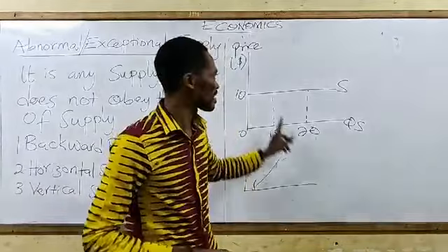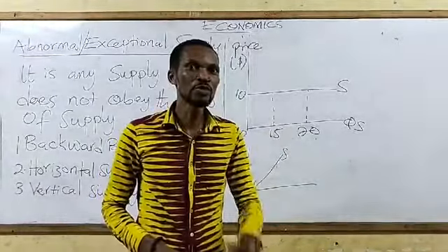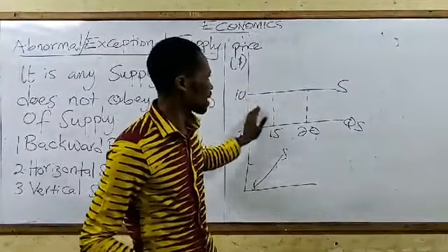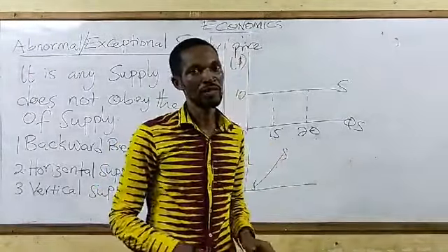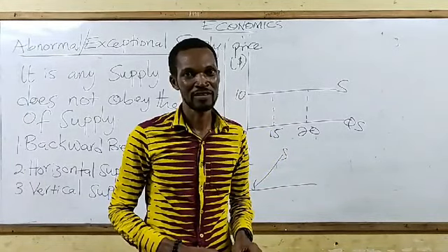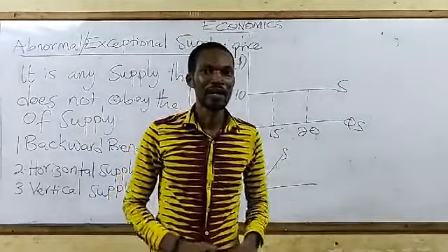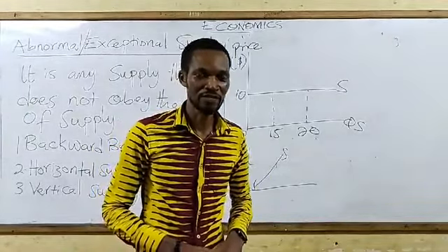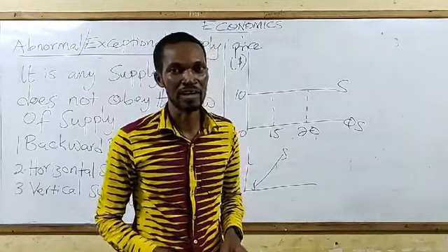Any supply that has this type of supply, at a slightly reduced price, nothing at all will be supplied. But at a fixed price, all the quantity will be supplied. Okay, this is what we call the horizontal supply curve or horizontal supply.